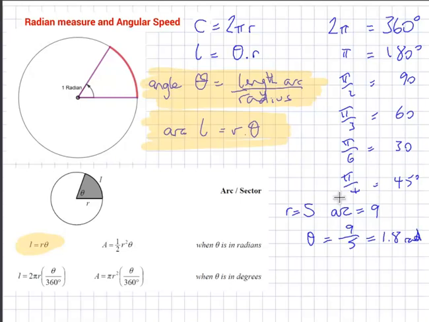If we had a circle of radius 4, and let's say we had an angle of 3.2 radians, which is a little bit more than 180 degrees, then my arc length is going to be 4 multiplied by that angle in radians, which is going to be 12.8 units long. So if this was in meters, then that would be 12.8 meters long in terms of the length of the arc.